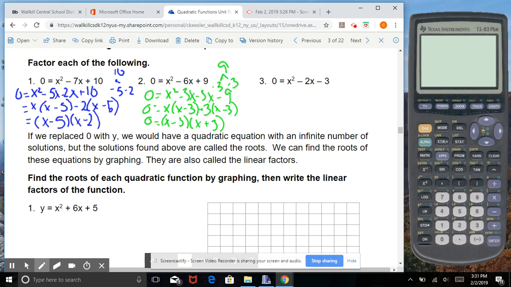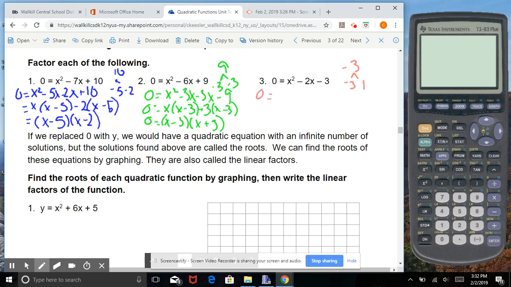Number 3, we would do it one more time, same process. We have -3 as our product, so we need 2 numbers that are factors of -3 that add up to -2, so that would be -3 and positive 1.